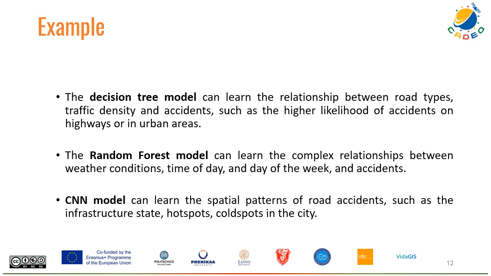So by utilizing these diverse models, we can effectively capture different aspects of the relationship between features and road accidents, thereby enhancing our understanding and predictive capabilities of road safety. Integrating the insights from these models can provide a comprehensive understanding of accident risk factors and aid in developing targeted interventions to prevent accidents and improve overall road safety.